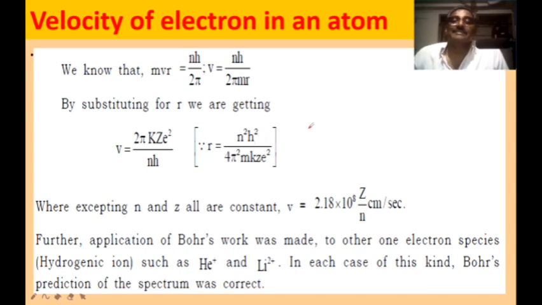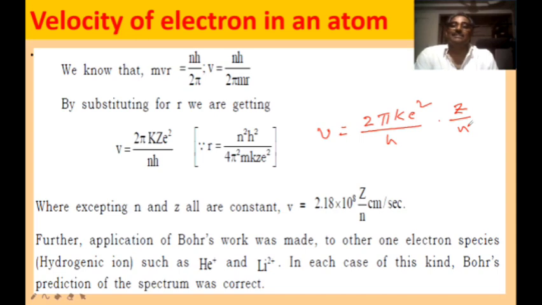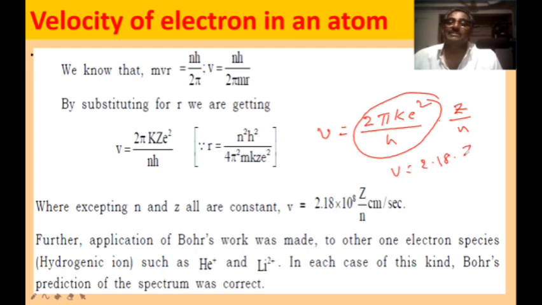We can write this as v, that is velocity, is equal to 2 pi k e square by h, with all the constants separated, into z by n. If the values of these constants are substituted, we get 2.18 into 10 to the power of 8. So v is equal to 2.18 into z by n.